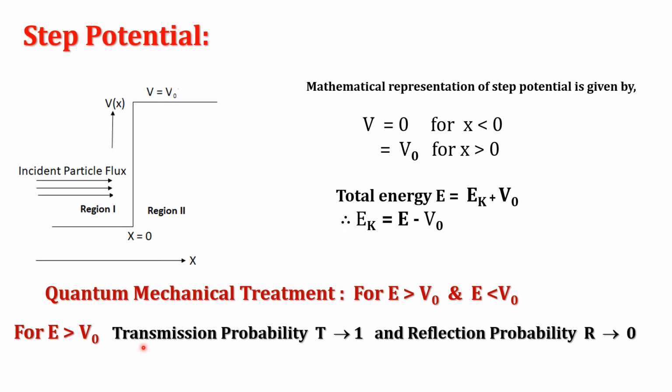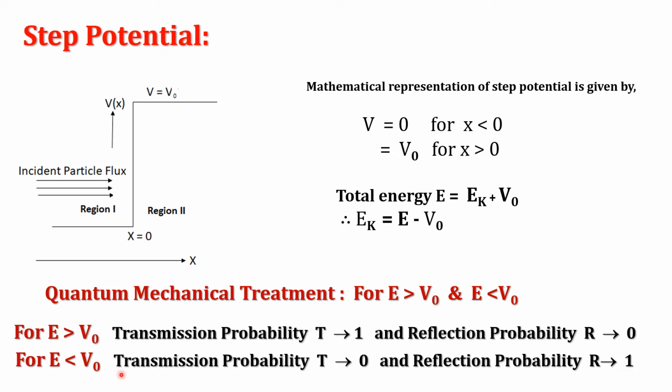Similarly, for the other case, E less than V0, the transmission probability becomes minimum and reflection probability tends towards 1, that is maximum, but total probability is again 1.